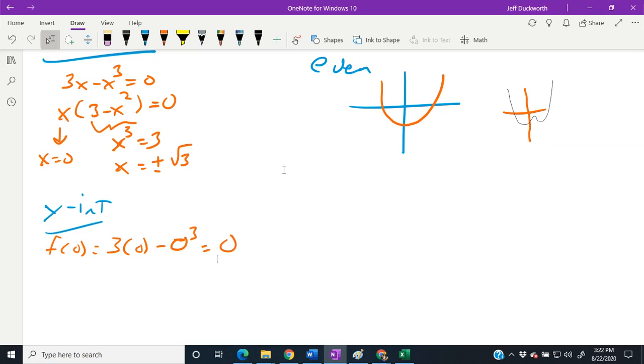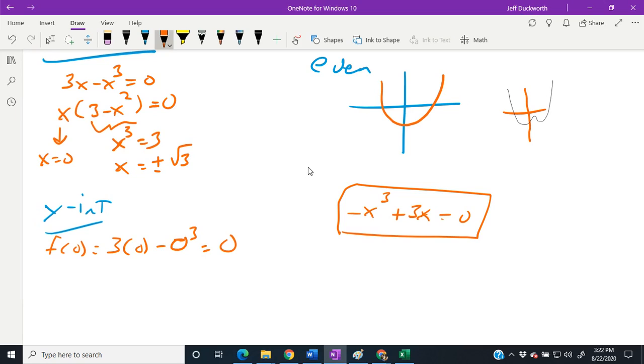The end behavior based upon the coefficients, well, I'm going to rewrite this. So we have negative x cubed plus 3x, which is equivalent to what we have up here. Well, the leading coefficient is negative 1.